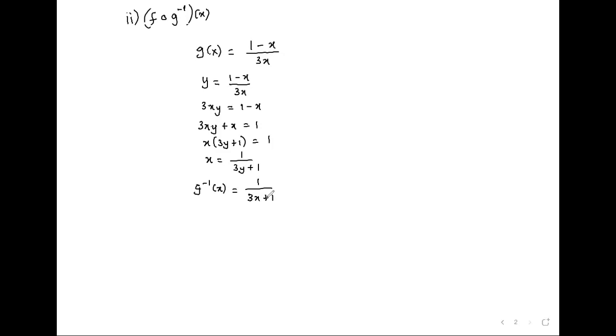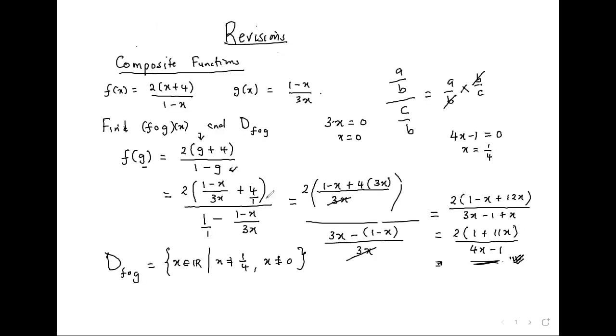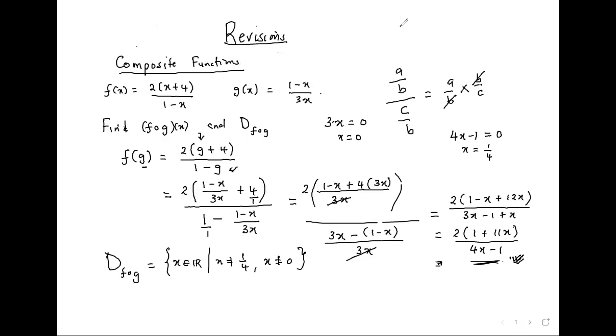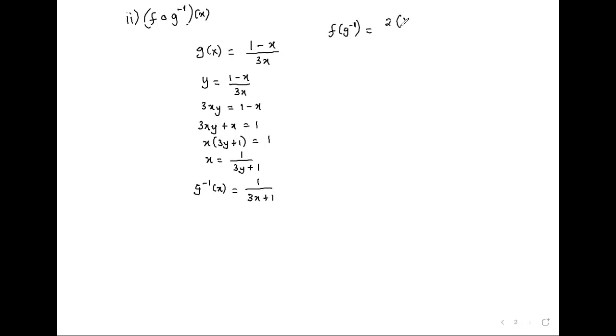So we now go to f and say, so what's f? f is (2x + 4) over (1 − x). So f of g inverse is equal to (2x + 4) over (1 − x).